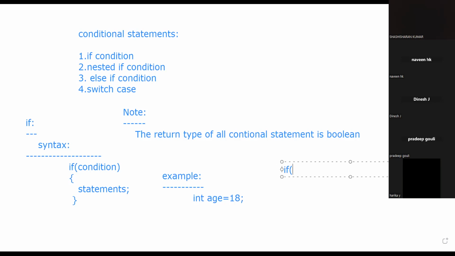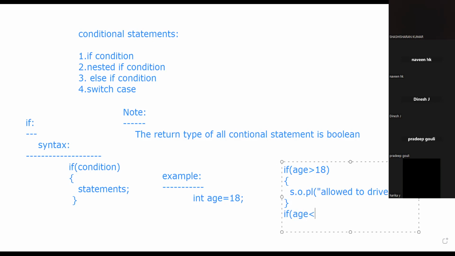I'll write an example: if age is greater than 18, system.out.println, allowed to drive. That's it.